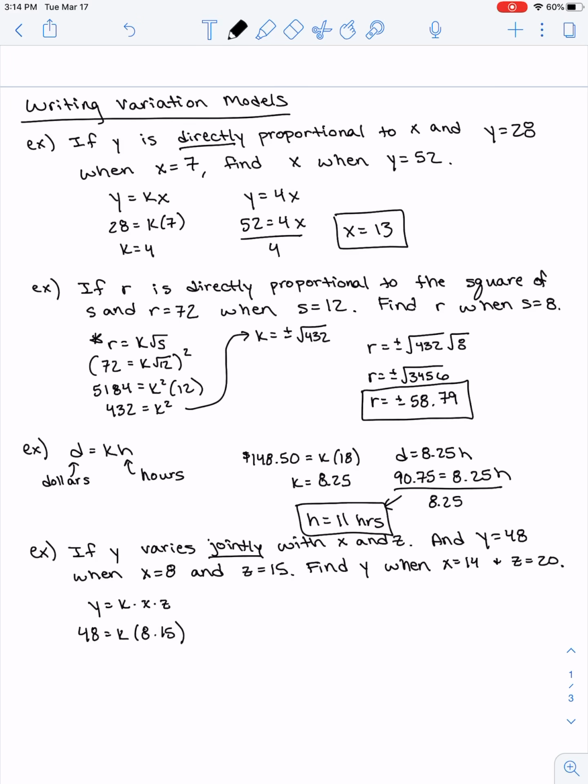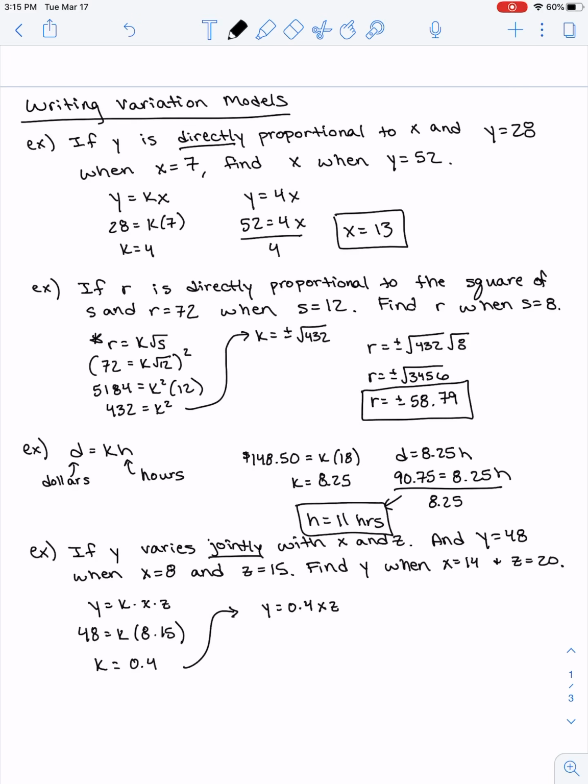So we can solve for k by dividing 48 by 8 times 15. So 48 divided by 8 divided by 15 gives us 0.4. So now we can say, okay, our joint variation model is actually y equals 0.4 x times z.